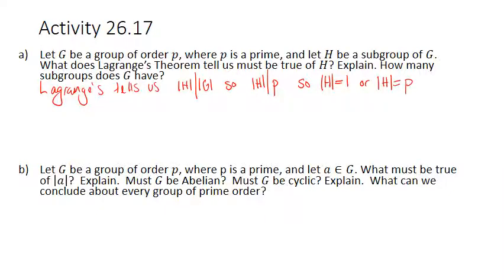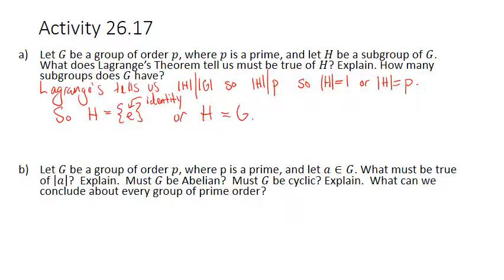So if the order of this subgroup H is 1, then H is just the identity. I'll call that E. Sometimes we call it I, sometimes we call it 1, but let me make it clear, I mean the identity. Or if the order of H is P, then H would have to be the whole group itself.